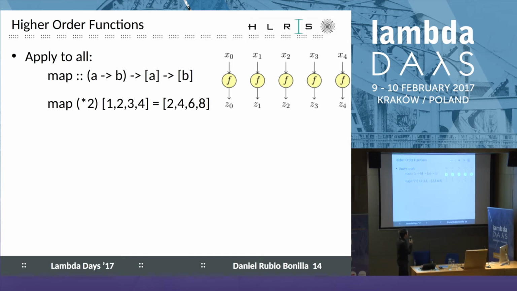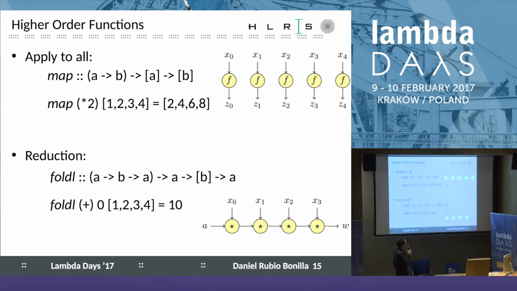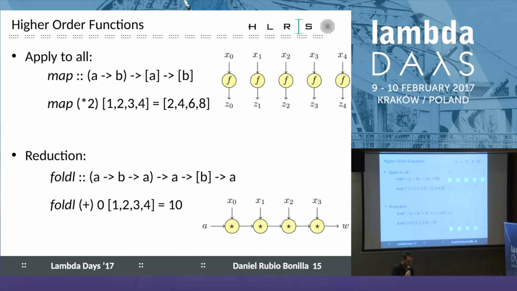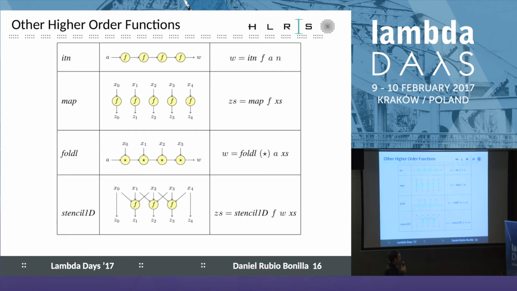Well, as everybody knows in this audience, this is a map, which has a very nice graphical structure, or a fold L, which has a different nice, simple graph. And what is going on inside is not a problem. You don't need to care about it. We can define, for example, this latest one, which is another higher order function that is not a standard one.